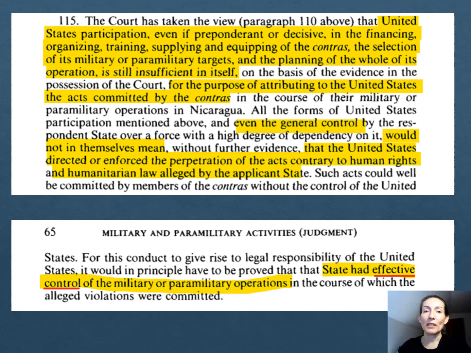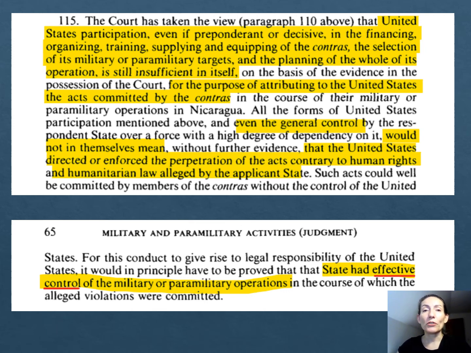One of the main issues the court had to adjudicate was whether the activities of La Contra could be attributed to the United States. The court decided a very high threshold and established that for attribution of the acts of La Contra to the United States, the United States needed to have effective control of La Contra.